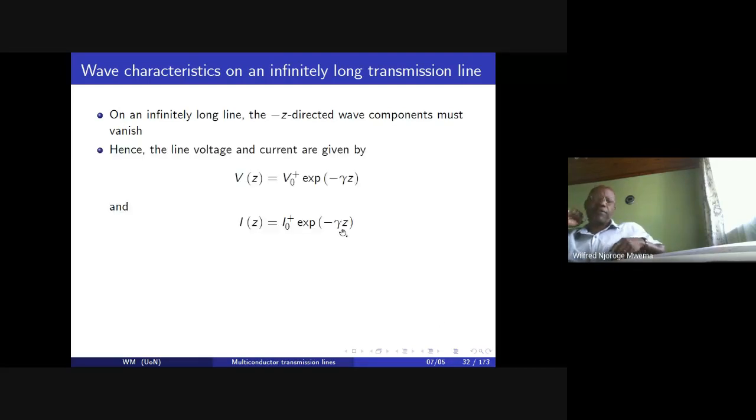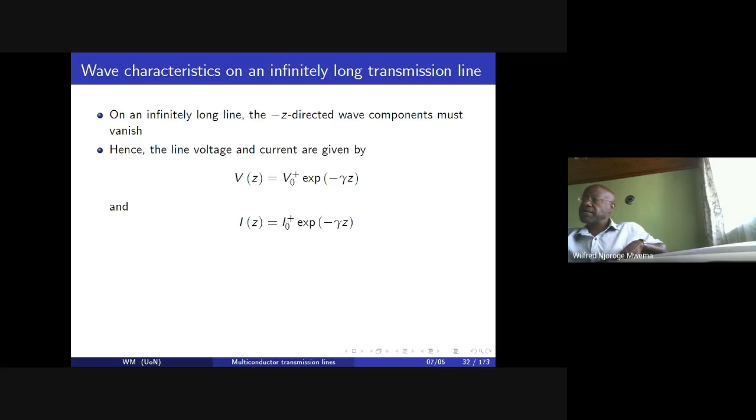Okay? And therefore, the line voltage at a plane z down the line will just be given by the positive z propagating voltage wave, which is V naught plus exponent of minus gamma z, and the line current is just going to be given by I naught plus exponent of minus gamma z.